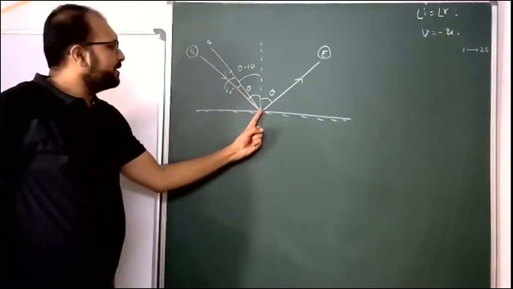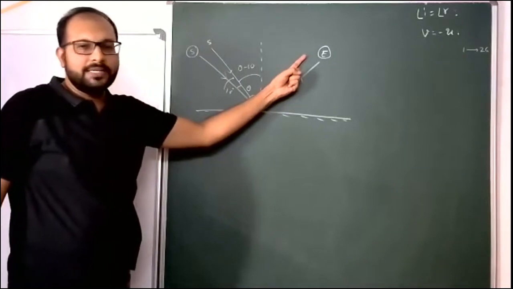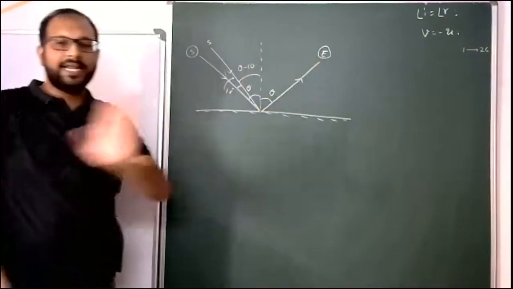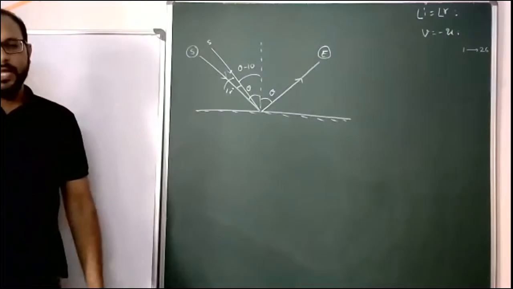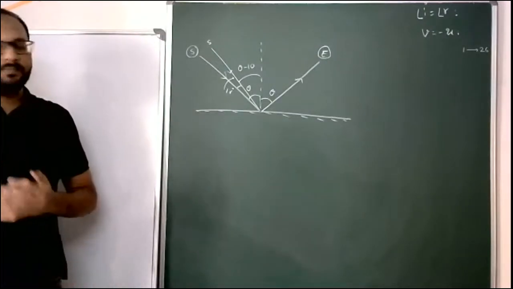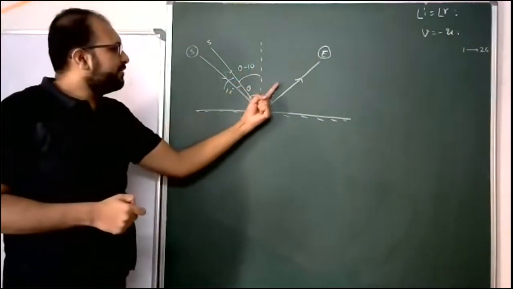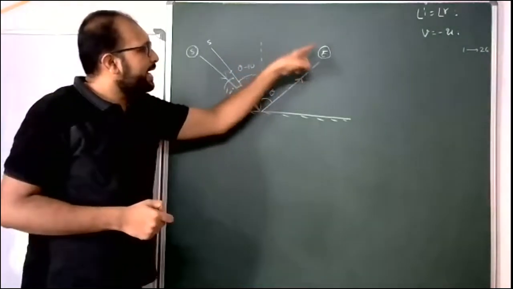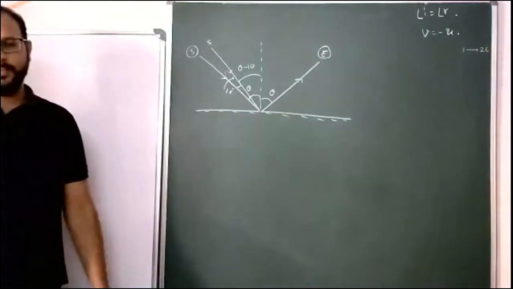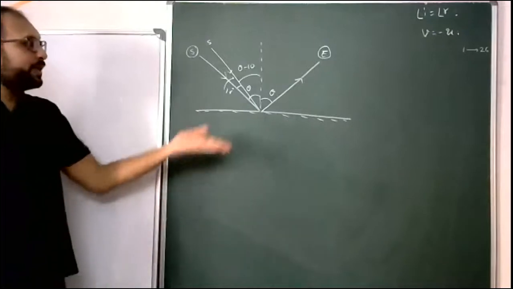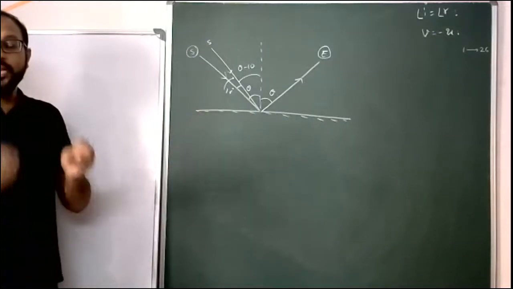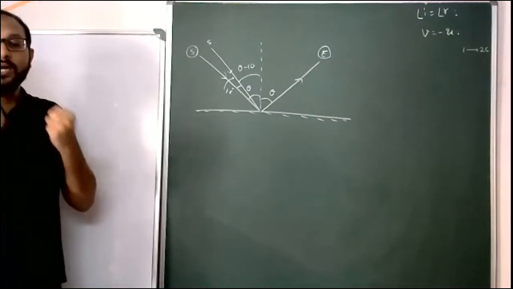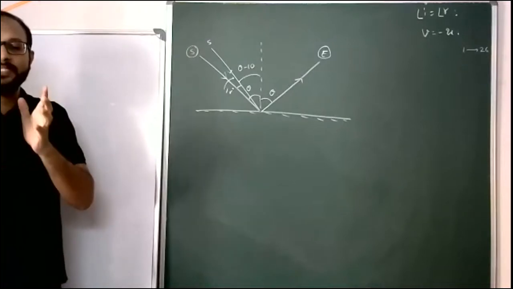Yes, the reflected ray also comes up to here only. That means it is not going to the eye. But the question asks that our reflected ray should go to the observer's eye again. For that, we need to rearrange the mirror. So in which direction and at what angle we need to rotate the mirror is the problem.